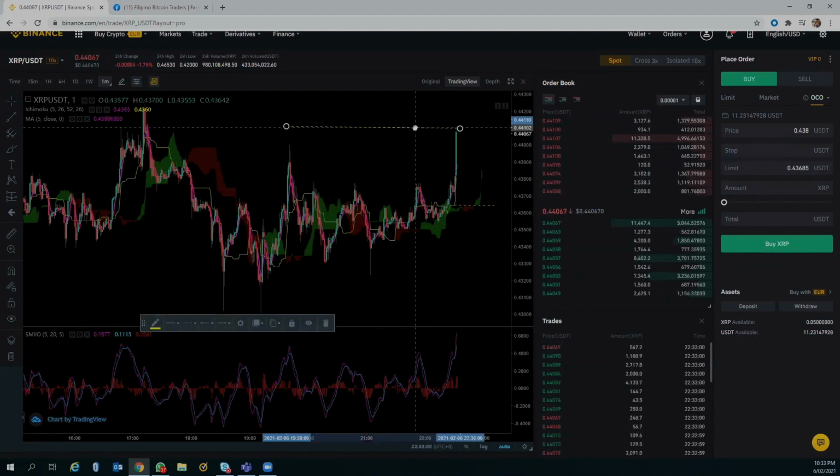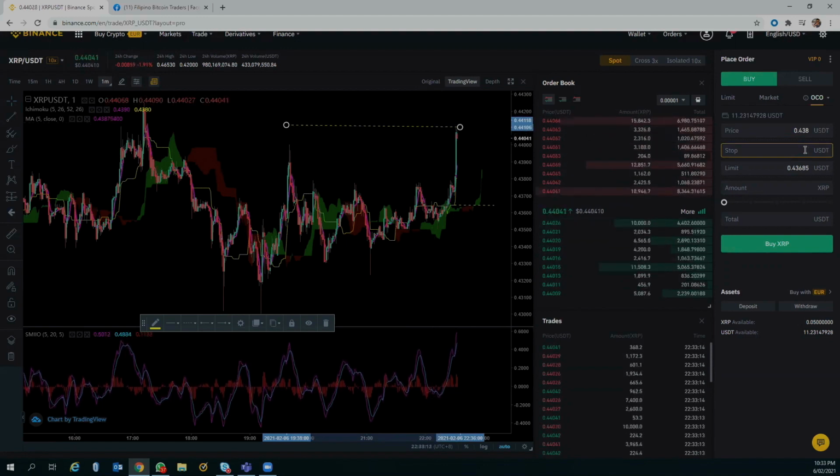Tumaas na tumaas. Baka na-trigger na yung actual kong buy. Sell sa kabila. Let's say 441. So, let's say, automatic, pag nalampasan niya ang 0.44, let's say, this time since buy, dapat mas higher siya.